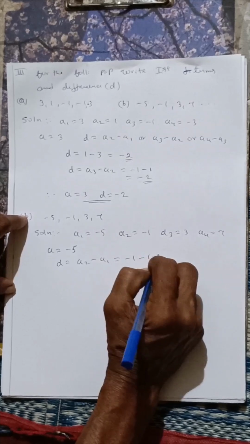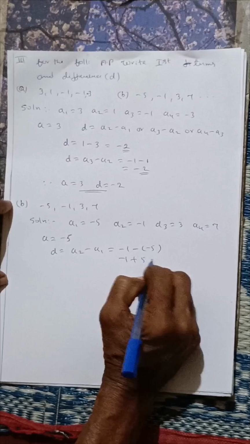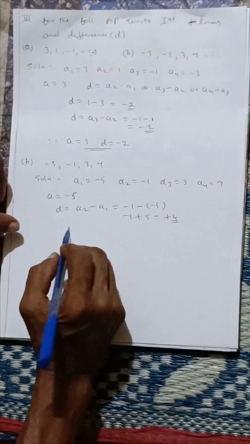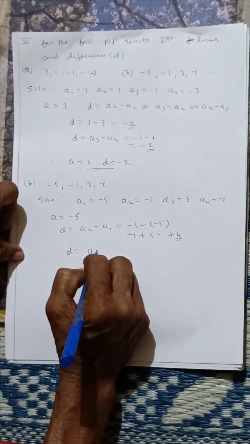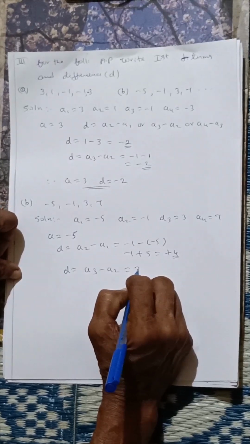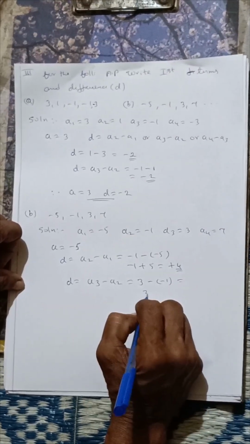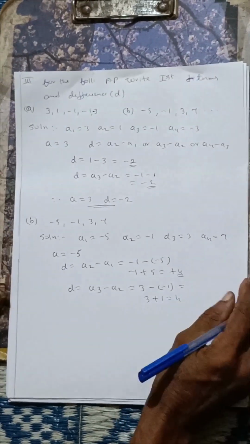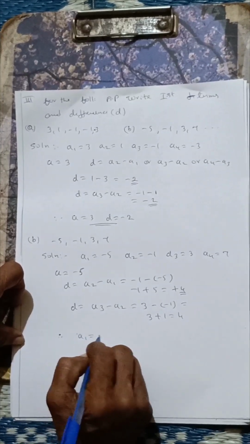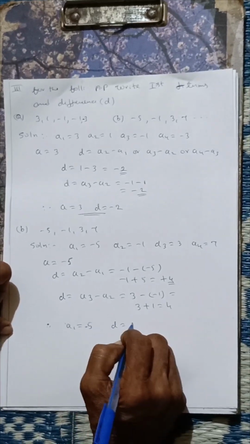Minus 1 minus of minus 5, that is minus 1 plus 5, which is plus 4. Again D equal to A3 minus A2. A3 is 3 minus A2 is minus 1. 3 plus 1 is 4. Therefore, the first term A1 is minus 5 and the difference is 4.